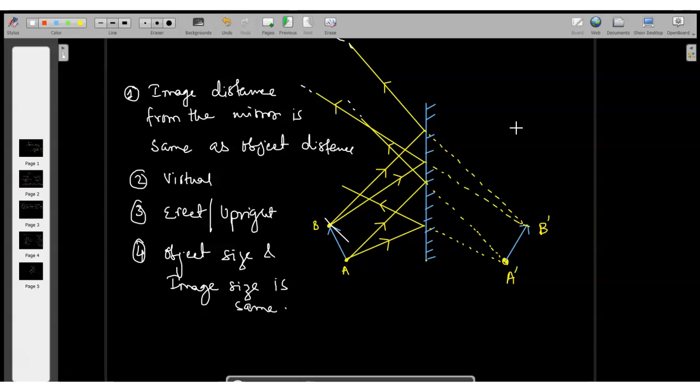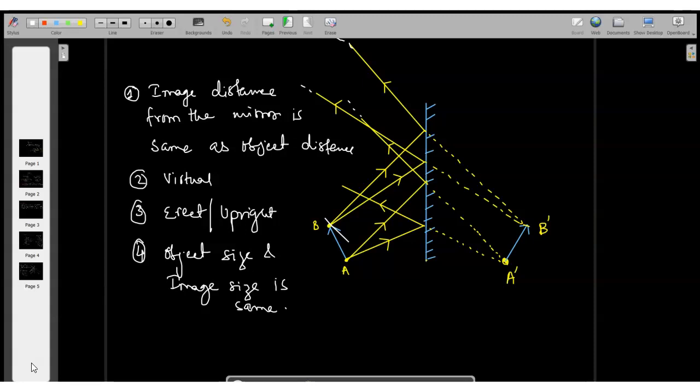All right. So when you see yourself in a mirror, what do you see? A bigger version of you or a smaller version of you or same size of you? You see the same size of yourself, right? So the object size and the image size when reflecting from a plane mirror is equal. Is that clear to everyone?